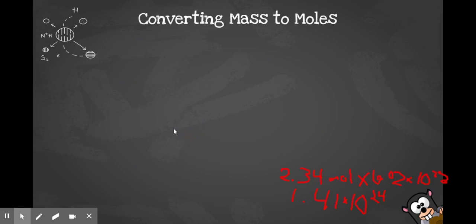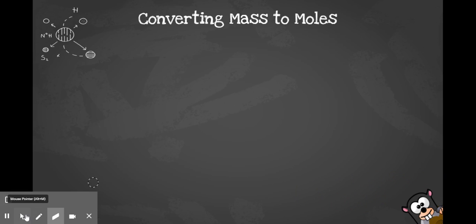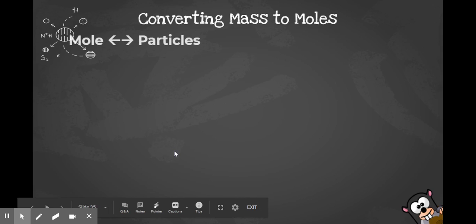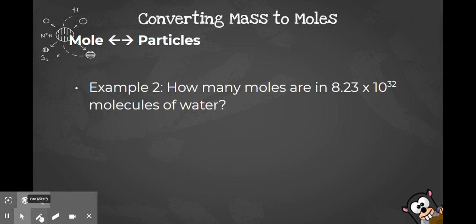Let's try the next example here. Let me erase. All right, so here's another example going the other direction. It says, how many moles are in 8.23 times 10 to the 32 molecules of water? So now because I'm converting molecules to moles, I know I need to divide.